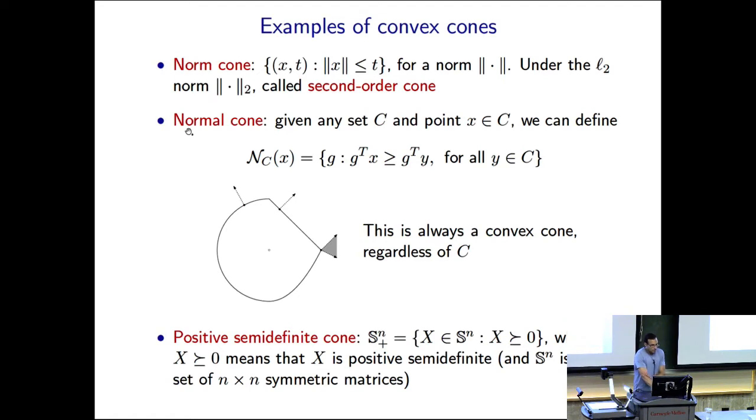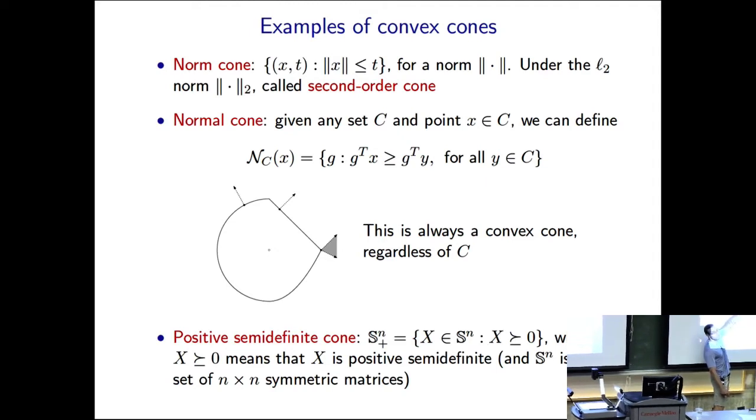Okay, another important convex cone is the normal cone. We're going to see this pop up quite a bit when we talk about subgradients. If you give me any set C, it doesn't have to be convex, just any set C, and any point x that's in the set C, the normal cone of the set C at the point x, which we write as N subscript C of x, is the set of all vectors g such that the inner product of g with x is biggest among all points in the set.